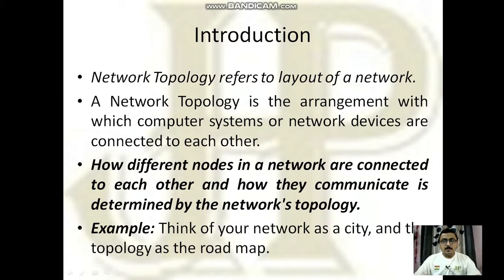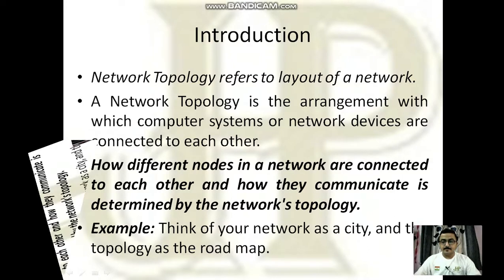For example, you can think of your network as a city and the topology as the road map through which you can reach from one end to another end, from one location to another location. So, the topology means the layout.